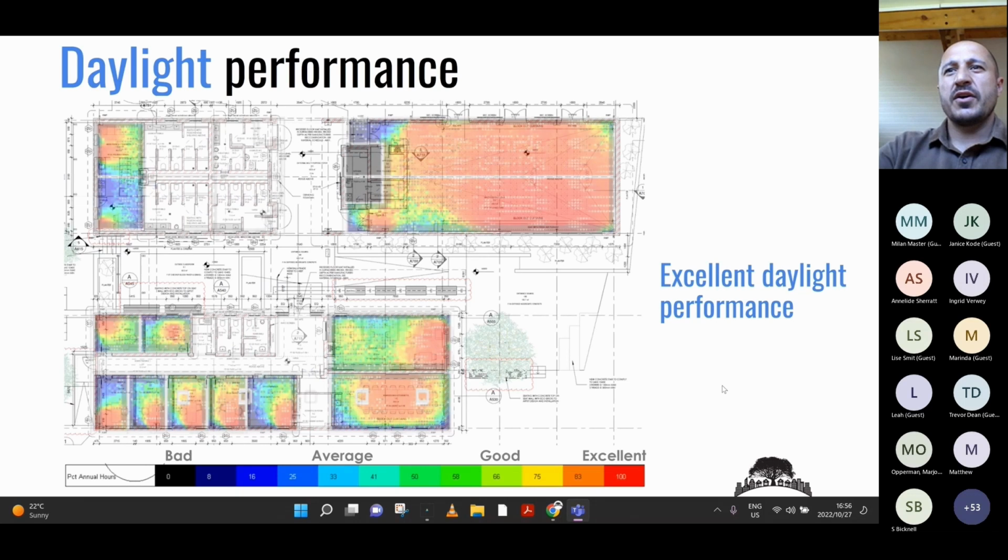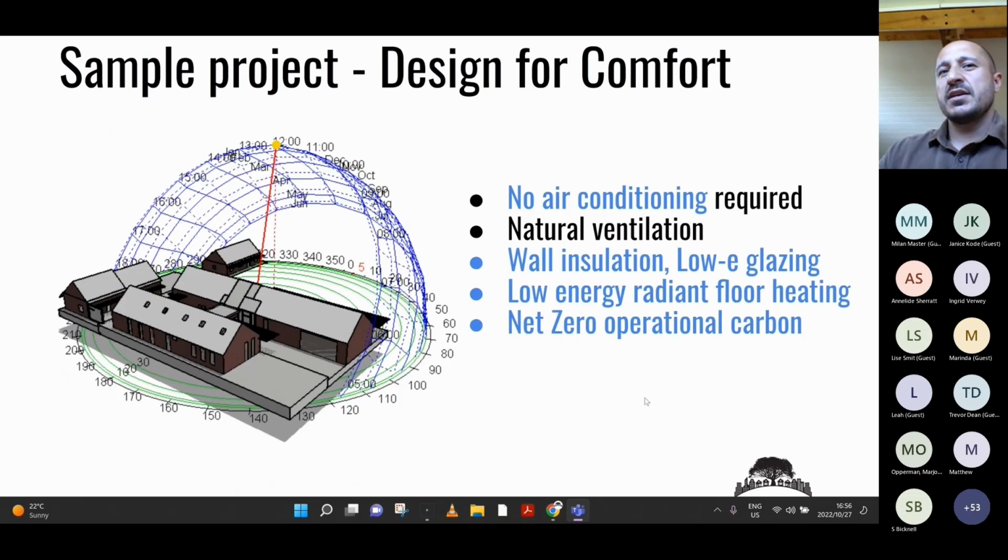The point I'd make, though, is that through that exercise, what intuitively felt right, conditioning office space and event space, once analyzed for the specific site, completely changed. We ended up with no air conditioning in the building, natural ventilation mostly throughout, single glazed low E with wall insulation.